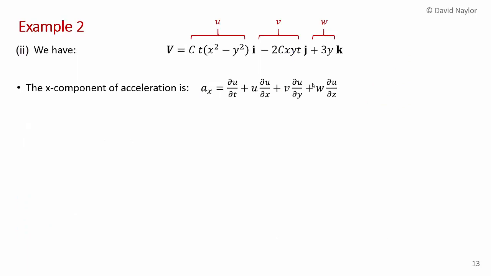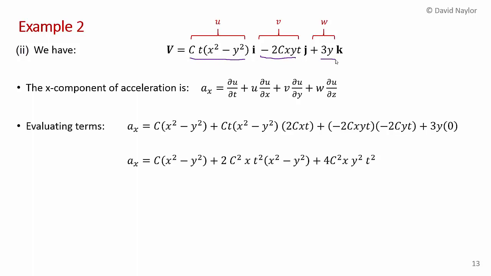For part 3, we're asked that given this velocity vector field to derive the acceleration vector. So we're going to do this component by component. So the x component, as we just talked about, is du dt, u du dx, v du dy, w du dz, where I've shown here that this is u, this is v, and this is w.